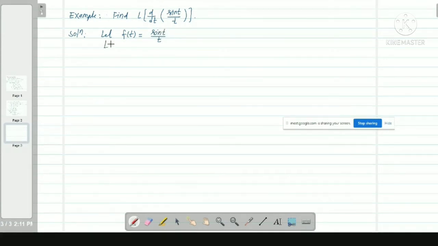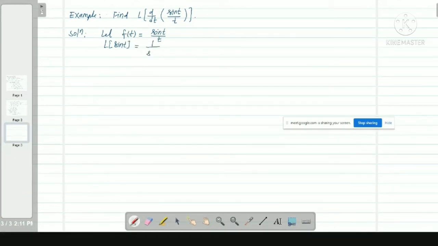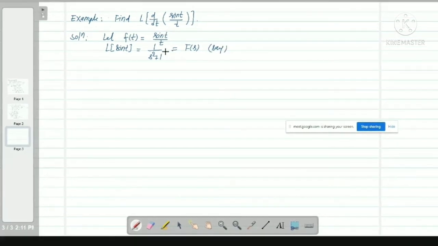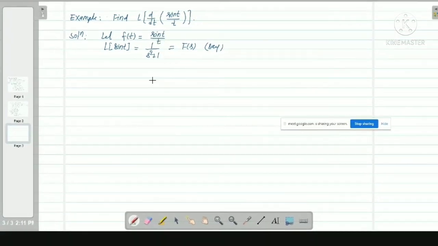Laplace transform of sine t is 1 upon s square plus 1. Name this as F of s. Now we will apply the effect of division by t. So, by the effect of division by t.